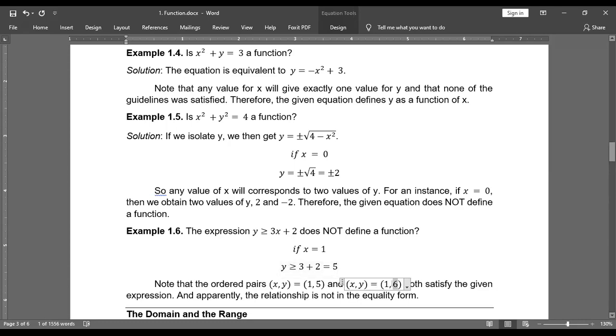So we have another ordered pair, 1 and 6. Pwede siyang 1, 7, 1, 8, 1, 9. Since those numbers are also greater than 5. So hindi lang 2 yung possible solution if x is equal to 1. It could be infinite. No? If you are to consider other numbers greater than. Therefore, this is not a function.